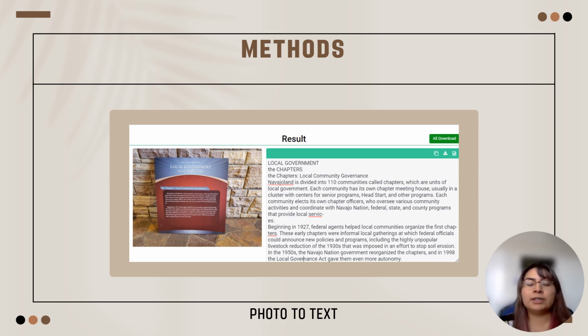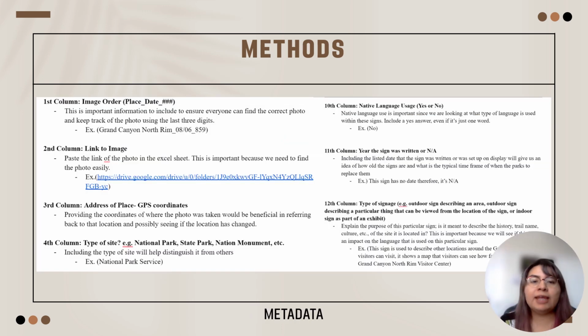And then taking that, transcribing it to text with software. Here is my other method, which is gathering metadata from these photos. I had 12 different columns, and all of those columns were able to get a piece of information from that sign, some of which is shown here. They included getting the location of the sign and what kind of park it was.